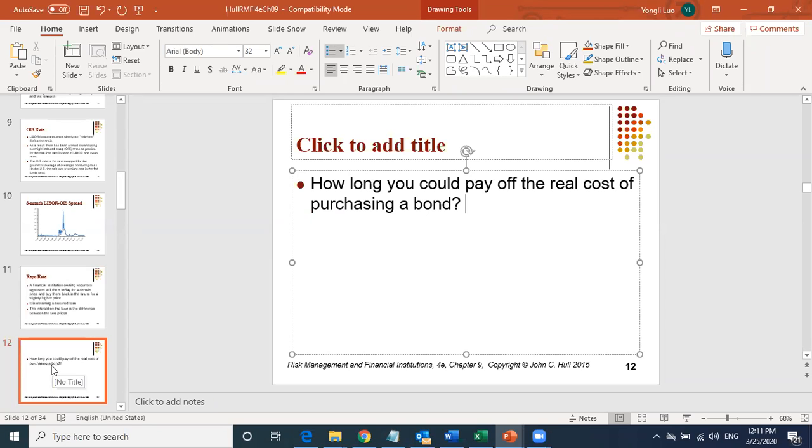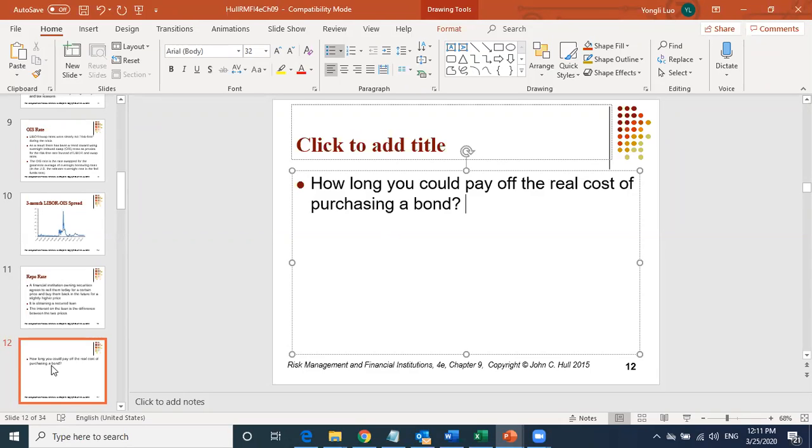Most bonds have a maturity, say 5 or 10 years. But during that period, you receive interest, or the coupon. Every 6 months, you will receive a coupon, right? Your initial investment is the bond price, but you still receive interest after your investment until you hold to maturity.